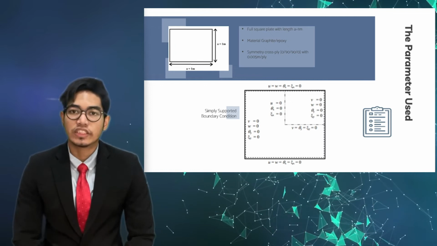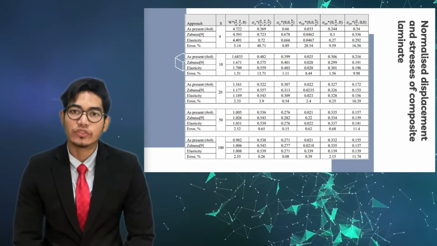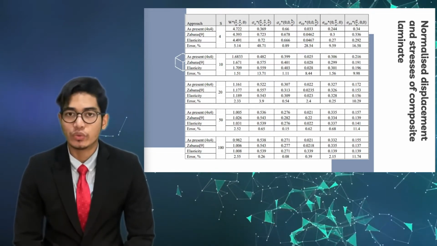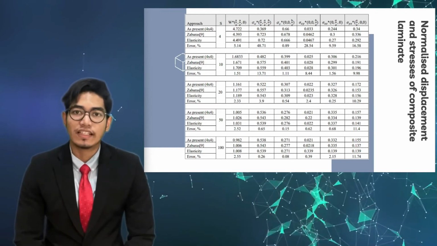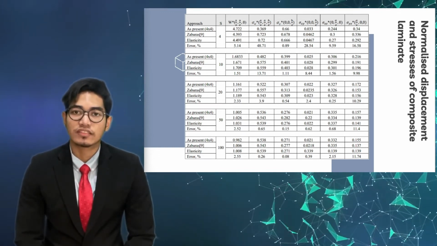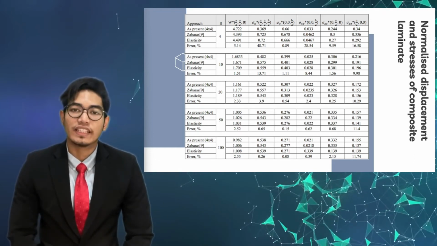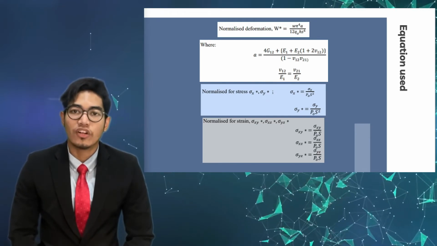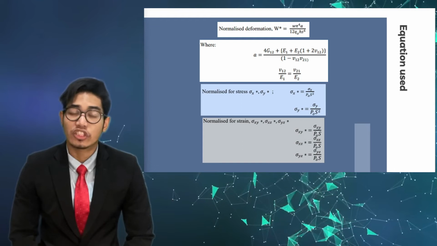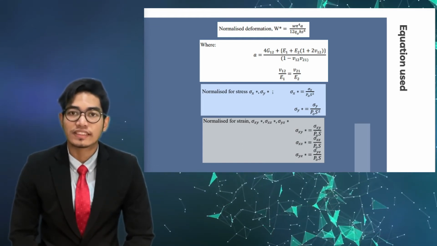The data received from ANSYS will be converted into normalized values before being compared to Zabaras and the exact elasticity value. Overall, as the error percentage is not too huge, this method is considered acceptable. Values from ANSYS software are unnormalized, therefore they need to be changed into normalized values using this equation, such as normalized deformation, normalized stress and strain values.